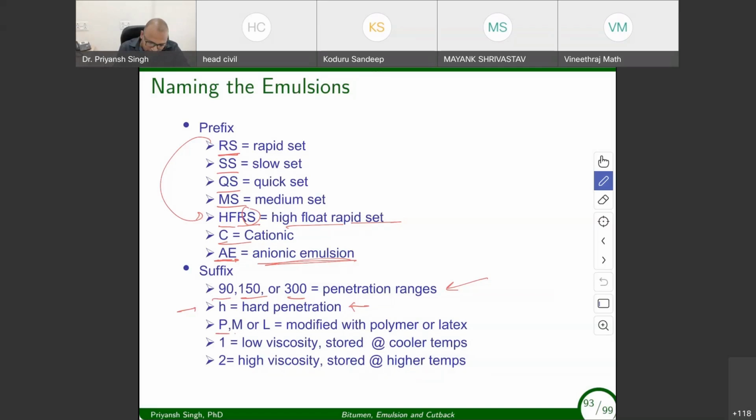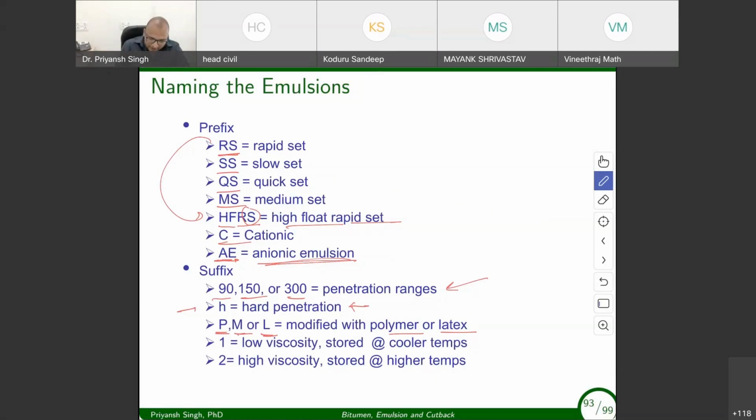Or we may have PM or L, which is modified with polymer or latex. So you may have an emulsion produced from a polymer modified binder, or may have some addition of modifier, maybe polymer or latex or rubber in the emulsion. That's how you can get a modified emulsion as well. So a suffix PM or L gives an indication of that.